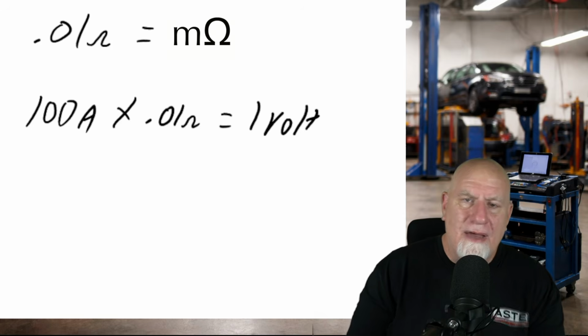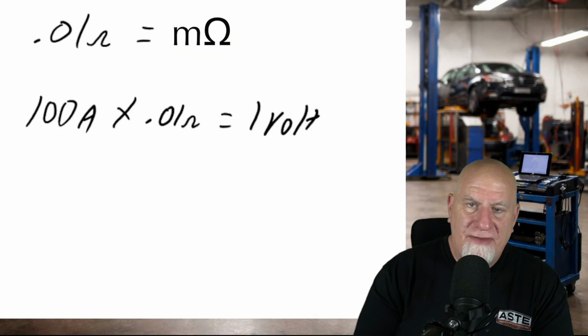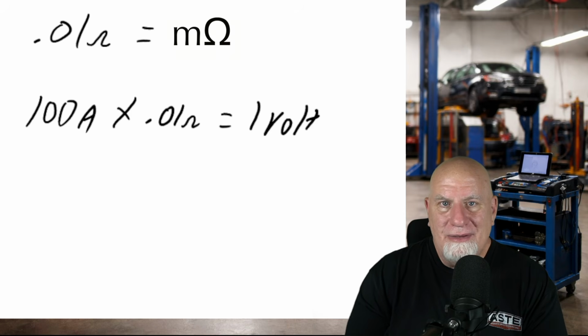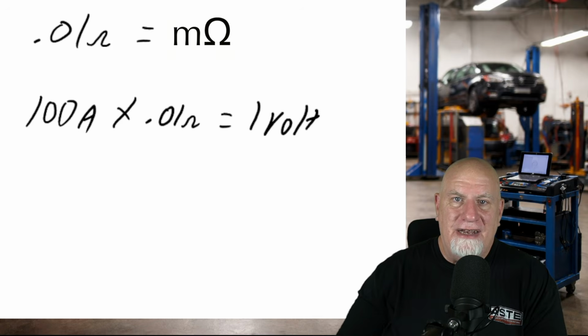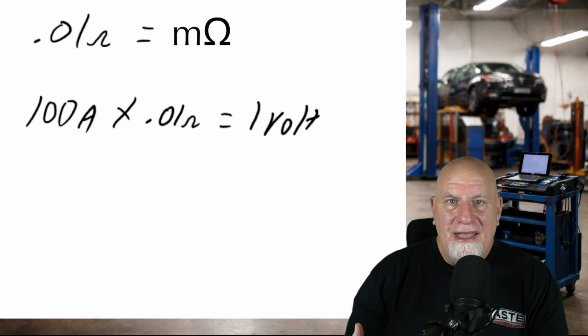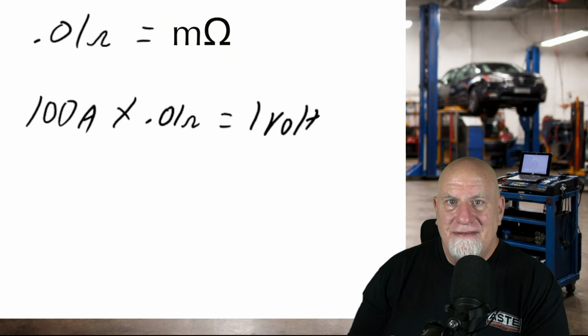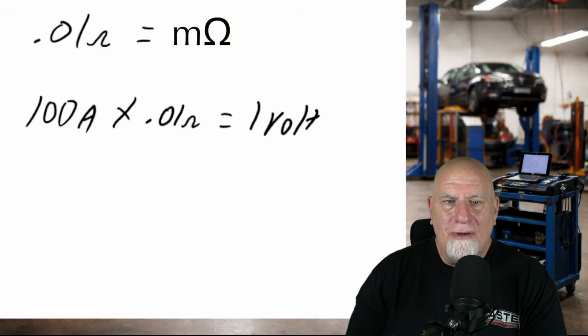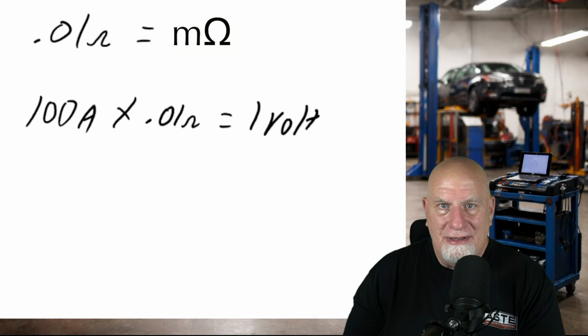So our main takeaways today from this video is the relationship between volts, amps, resistance, and power, and how they relate to each other in a circuit, and how a change in voltage or a change in resistance can affect the amperage flow, the current flow, or the power output, or the power consumption in a circuit.